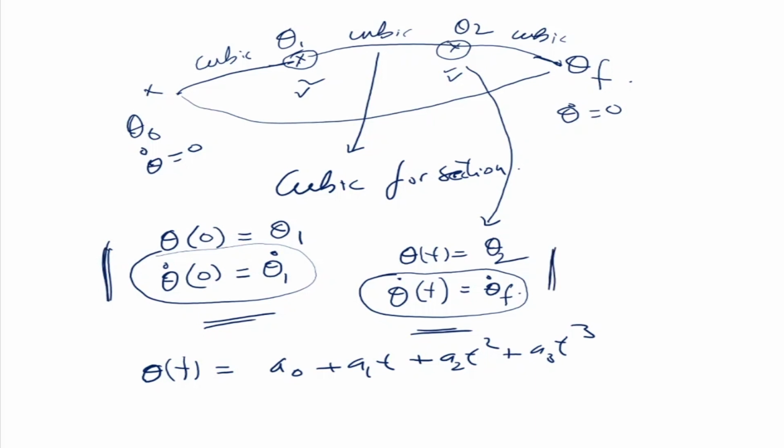So this is exactly the same cubic polynomial, but the velocities are not zero at the start point and the end point of this cubic. Positions are whatever is desired at the via point. Now you can solve it exactly in the same way and get a0, a1, a2 and a3.